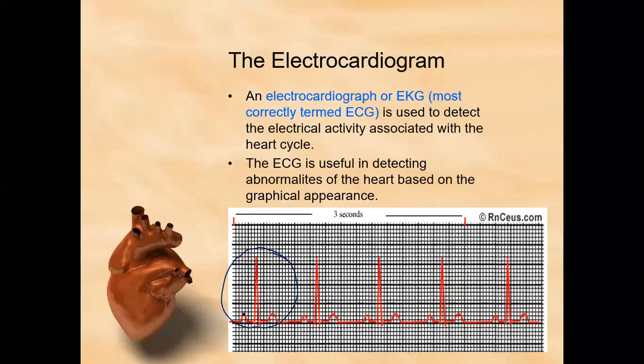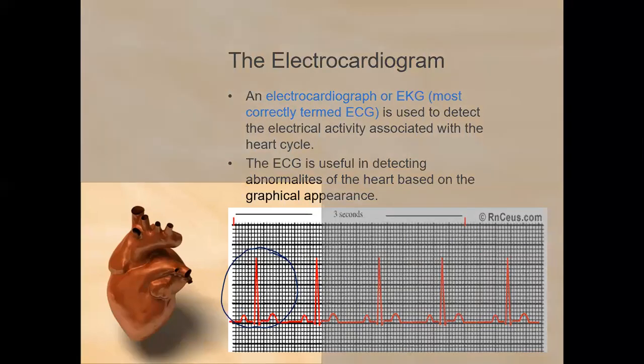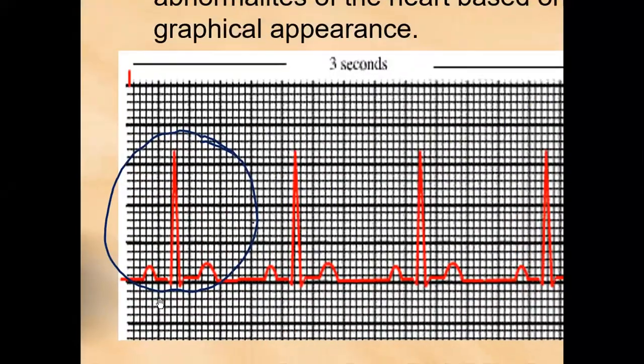So here is P, Q, R, S, T. One heartbeat. And then we have a short pause while our sinoatrial node is recharging. And it discharges again.